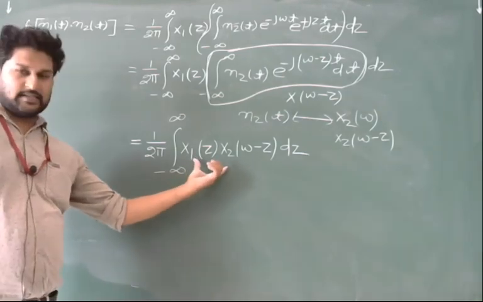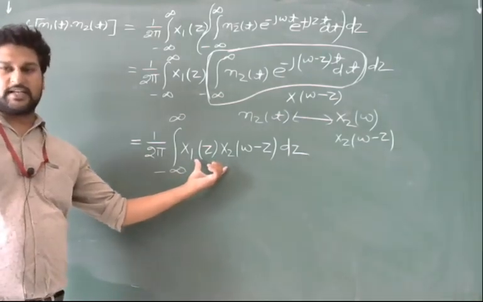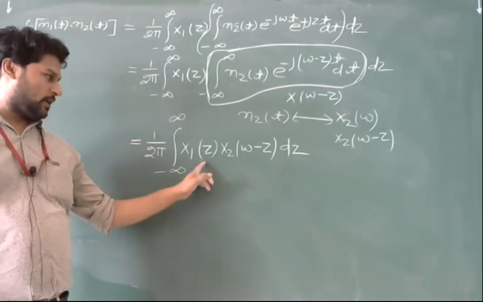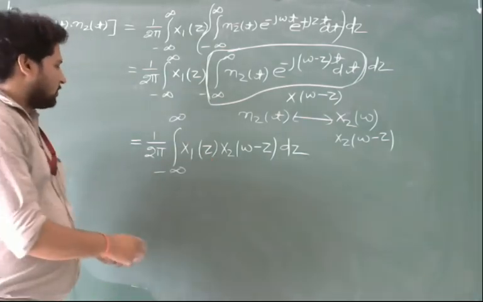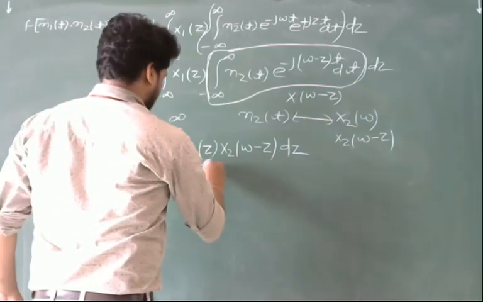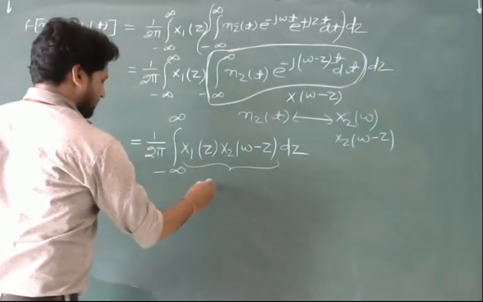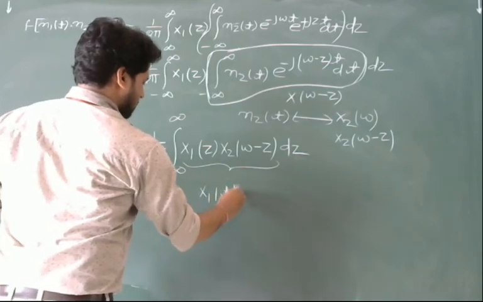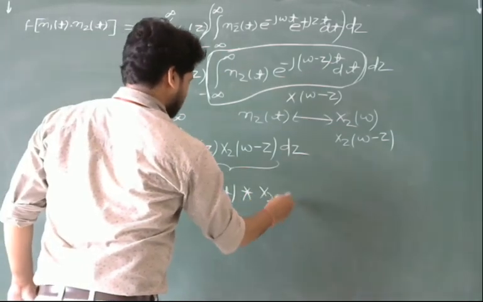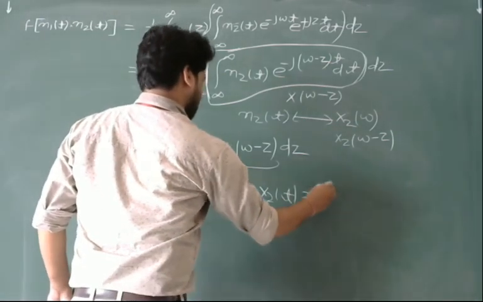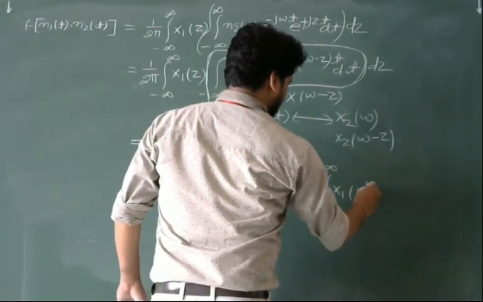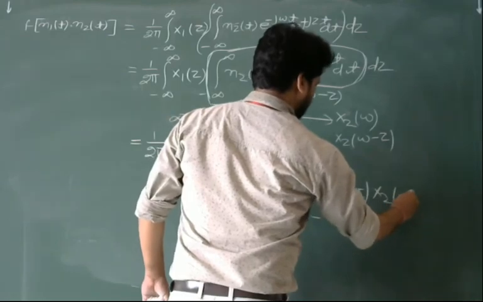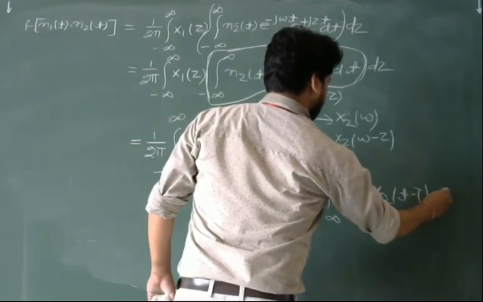This is the convolution of the signals, just as the convolution of x1(t) and x2(t) is written as the integral from minus infinity to plus infinity of x1(tau) x2(t minus tau) d tau.